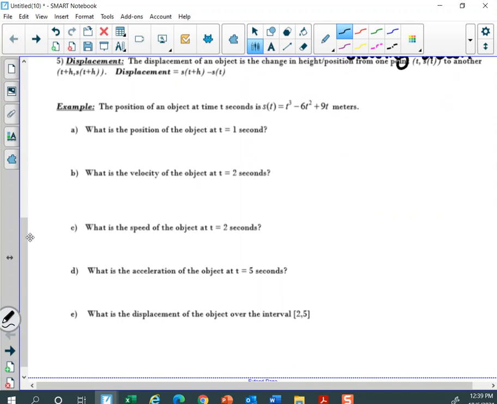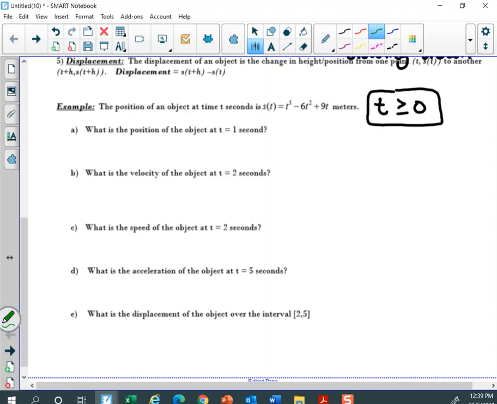All right. So, a question like this. Different things we can do given this particular position function. Also, we're often going to be given some kind of clarification that we are talking about time, and our time measurements would be either greater than 0 or greater than or equal to 0.